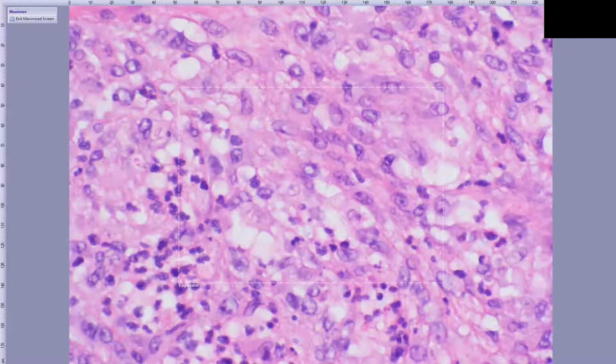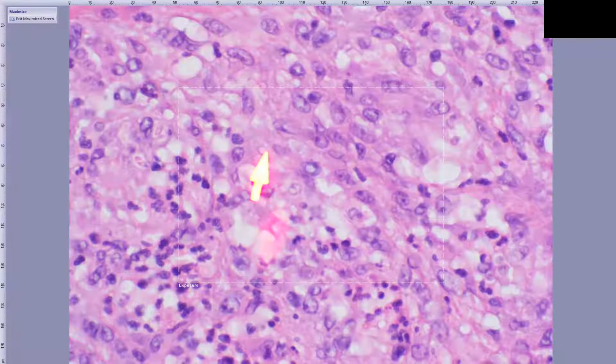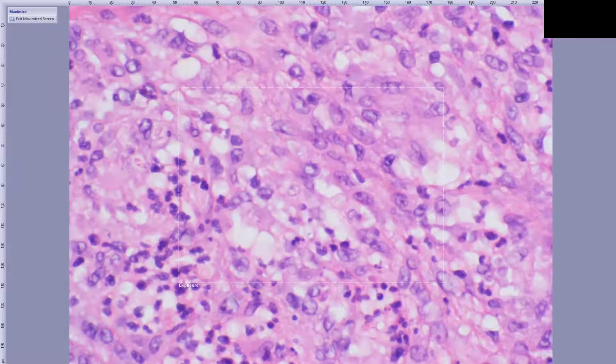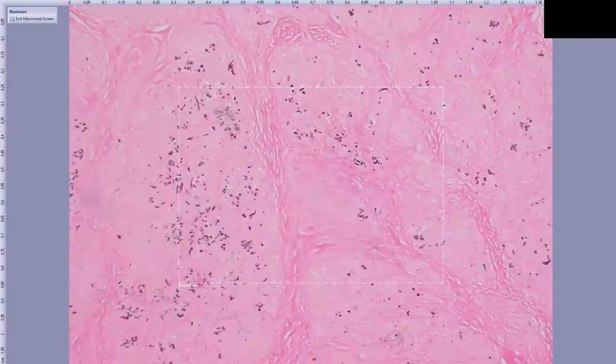Okay. There's another structure there. So this is a fungal infection, and I happen to have a GMS stain. Remember, in a GMS stain, the fungal organisms stain black, and you can see how many organisms there are in there.